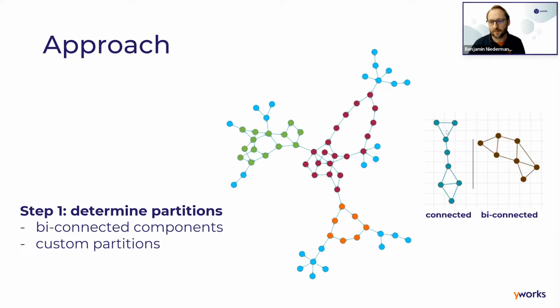In the blue example, if I remove this node here, the graph is split into two components. So this means that the blue graph is not bi-connected. But the brown graph is bi-connected. I can delete any of these nodes and the graph still remains connected. If I delete two or more nodes, then the graph becomes unconnected. So it's not tri-connected, but it's bi-connected.